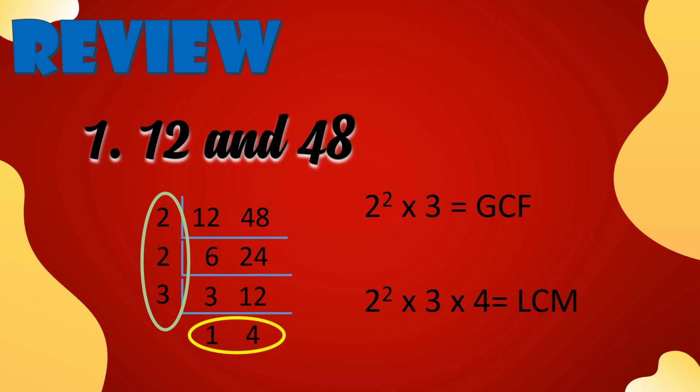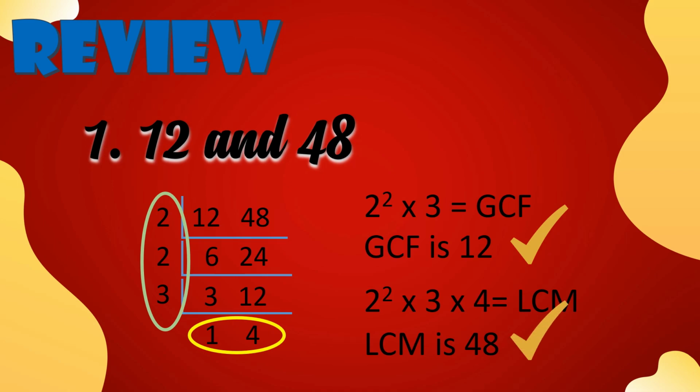Since we have two 2s, 2 times 2, this is equal to 12, while 2 squared times 3 times 4 is 48. Remember what we said last meeting: once the bigger number is divisible by the smaller number, the GCF is the smaller number and the bigger number will be the LCM. That is our short way. We still showed the process so you can remember continuous division.